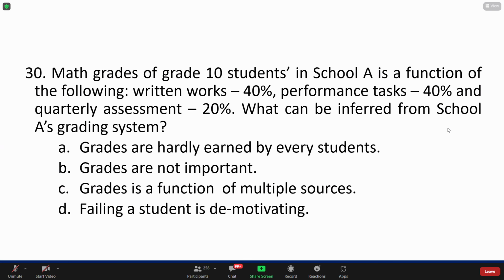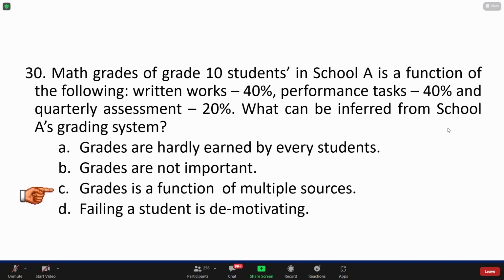Letter B, grades are not important. Letter C, grades is a function of multiple scores. Letter D, failing a student is demotivating. I think it's letter C, grades is a function of multiple scores.